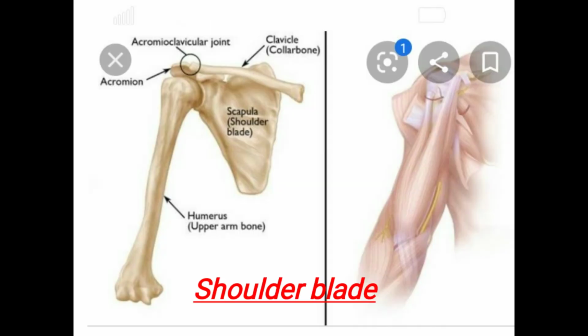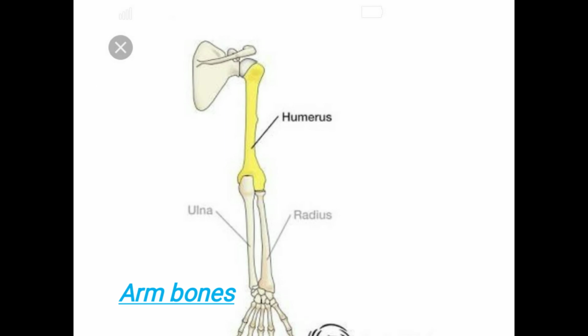Shoulder blade. The shoulder blade is the bone that connects the arm bone and the collarbone. It also has the joint that allows movement of the arms. Arm bones. The upper arm, that is the region between the shoulder and the elbow, consists of a single long bone called the humerus.